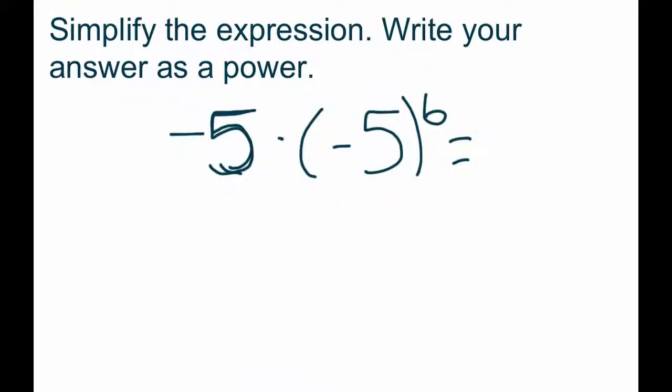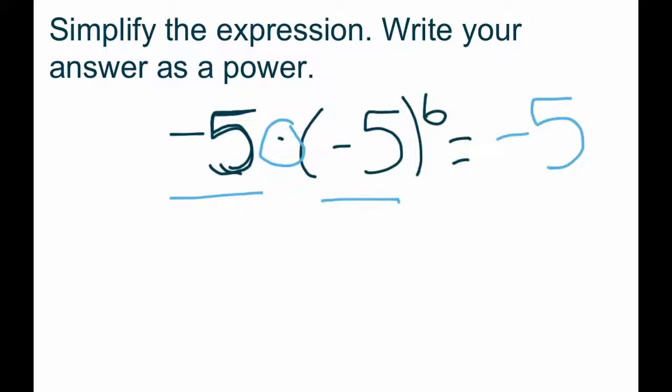Let's try another example. We are again going to simplify the expression and write our answer as a power. Here we see that we have the same base again of -5. So we would rewrite our base as -5. And here we have a multiplication, so we're going to add our powers together.